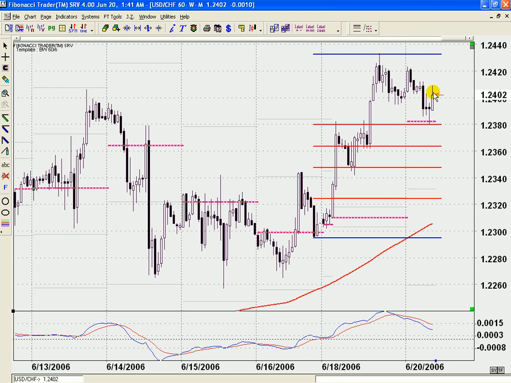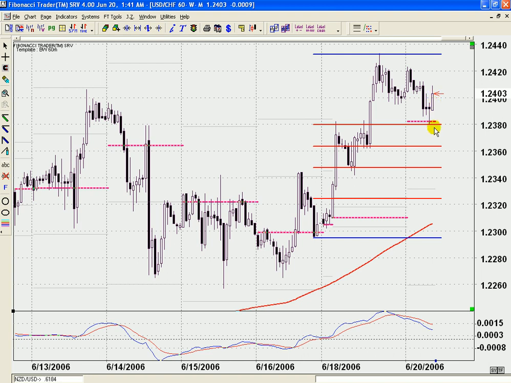I'm out of 70% of my position at 05. I've taken 20% of my position, and I've moved the stop up to 86, so I don't want to see price come down to 86 and take out that stop.